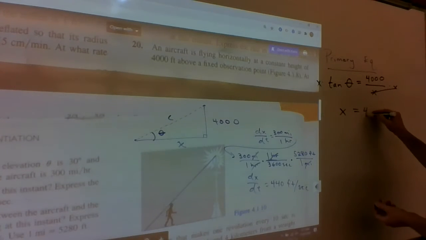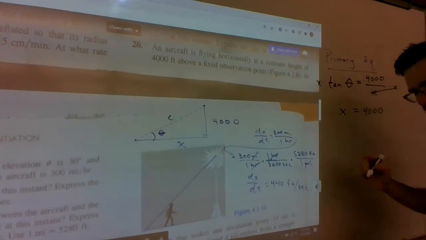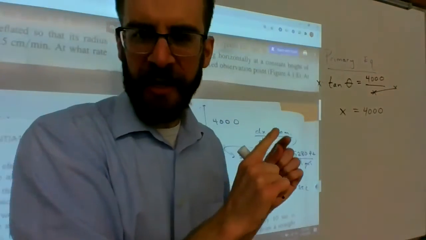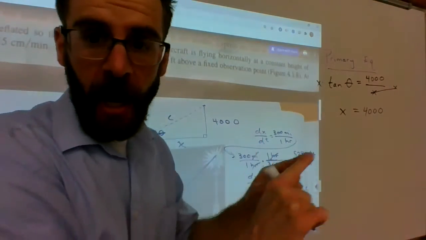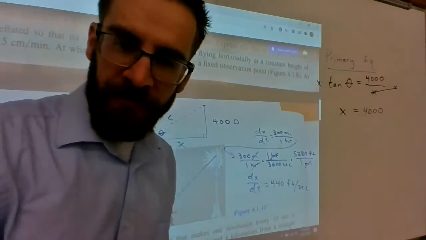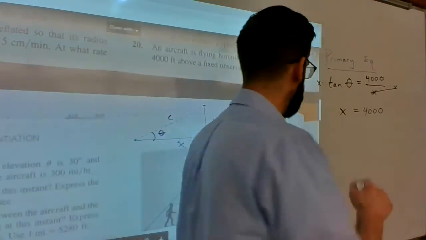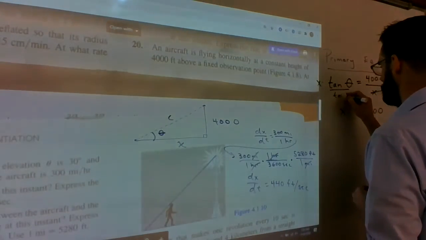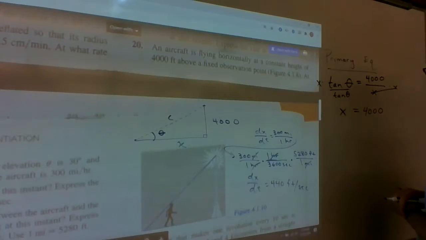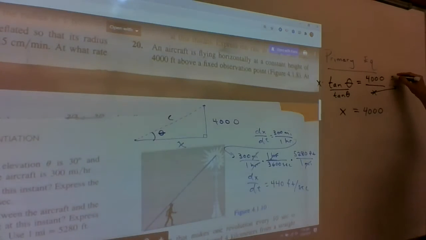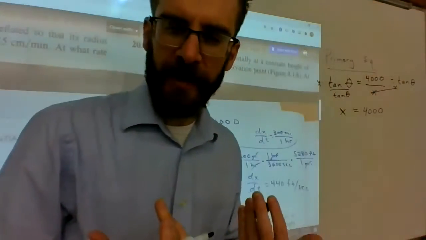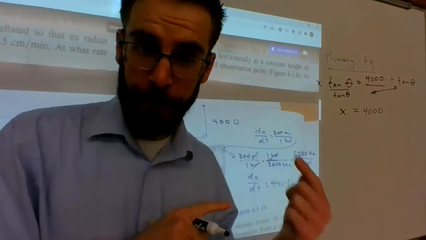Now we've got 4,000. And what if I took the tangent of theta and moved it to the other side? So if I divide by tan theta, and divide by tan theta over here, dividing by the tangent is the same thing as multiplying by its reciprocal.